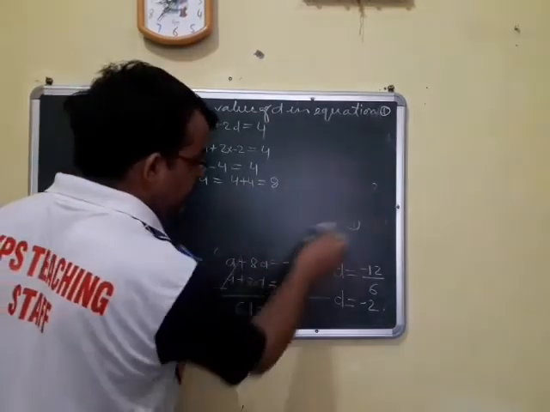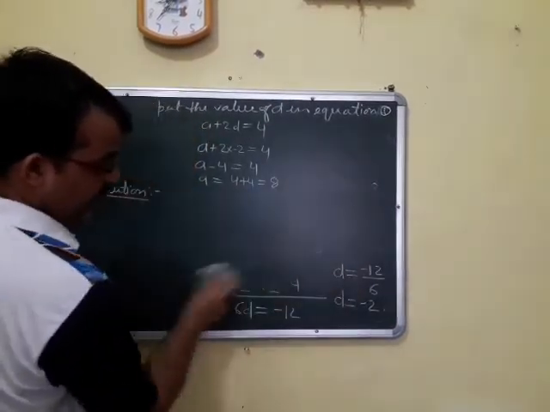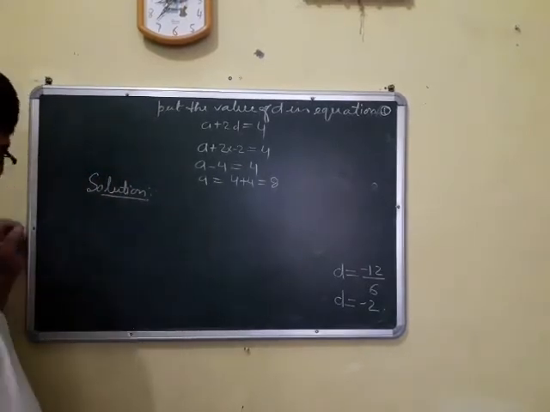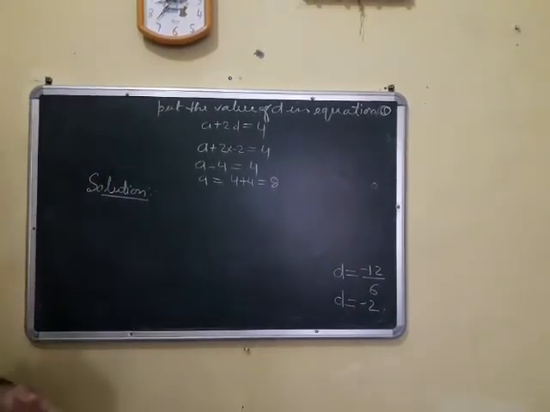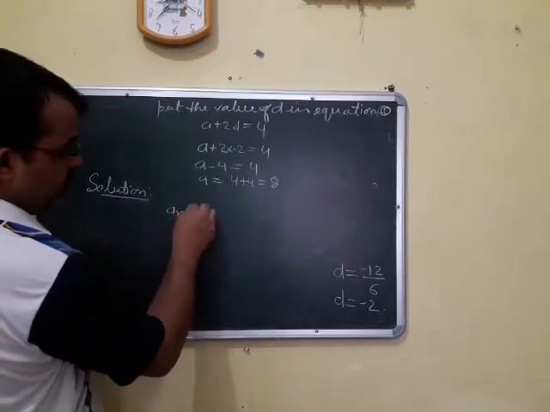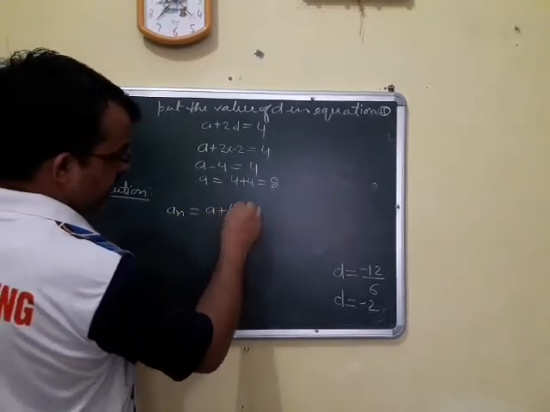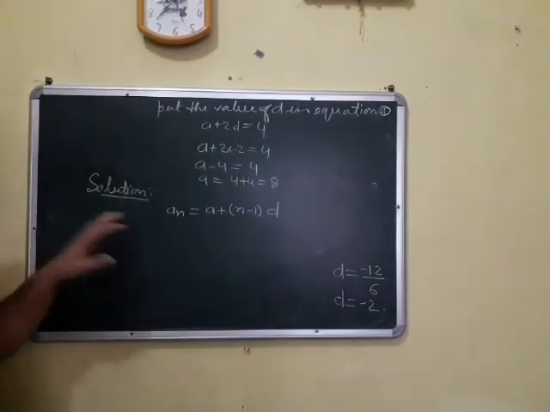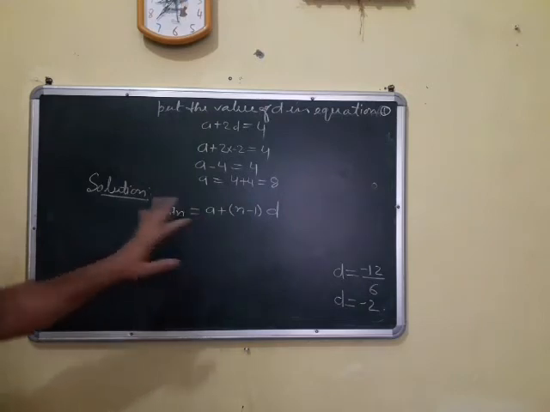So find which term of the AP is 0. Now, AN is equal to A plus (n minus 1) into D, the general term of an AP.